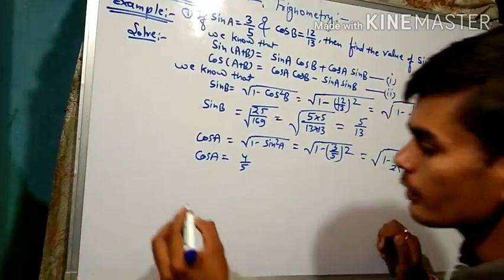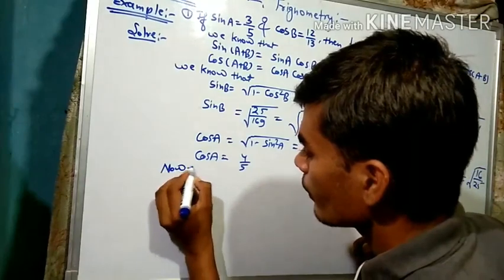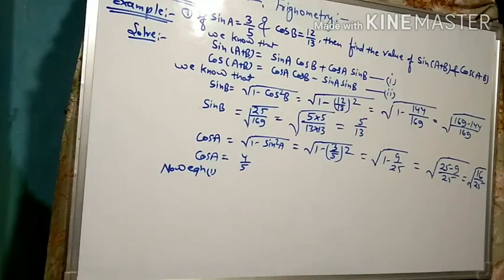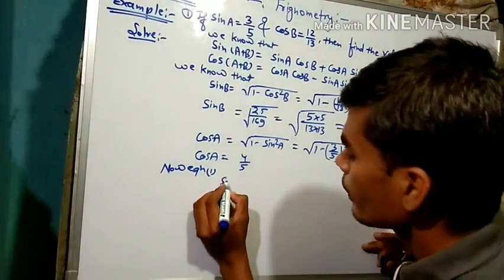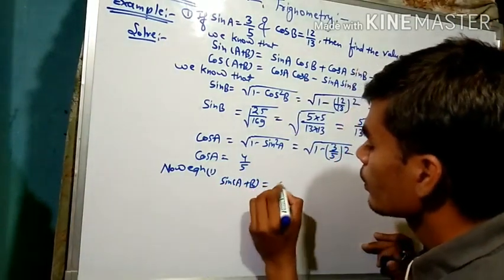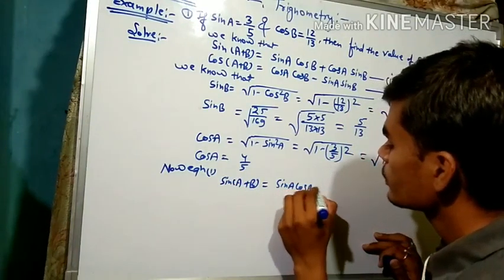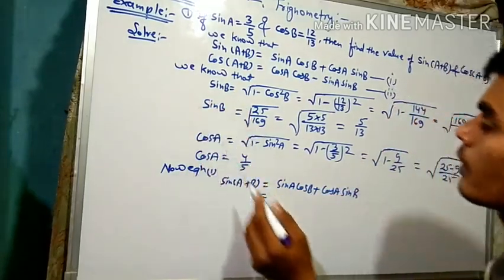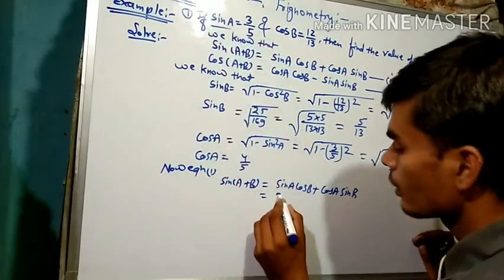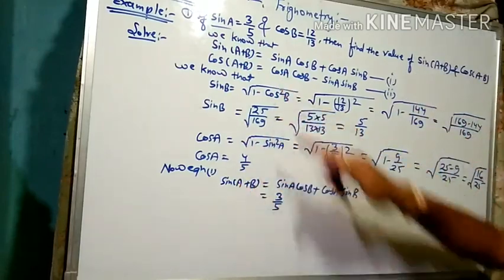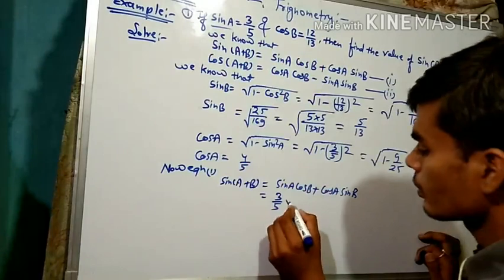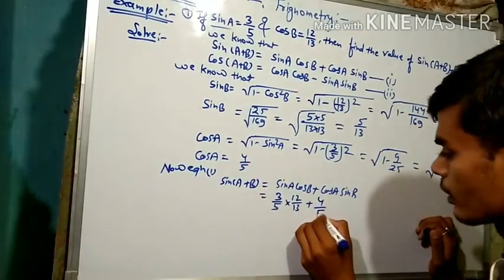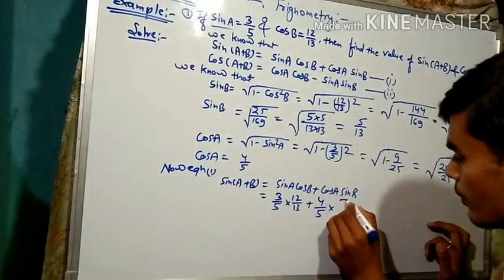Now equation first: sin(A+B) equals sin A cos B plus cos A sin B. The value of sin A is 3 by 5, the value of cos B is 12 by 13, the value of cos A is 4 by 5, and the value of sin B is 5 by 13.